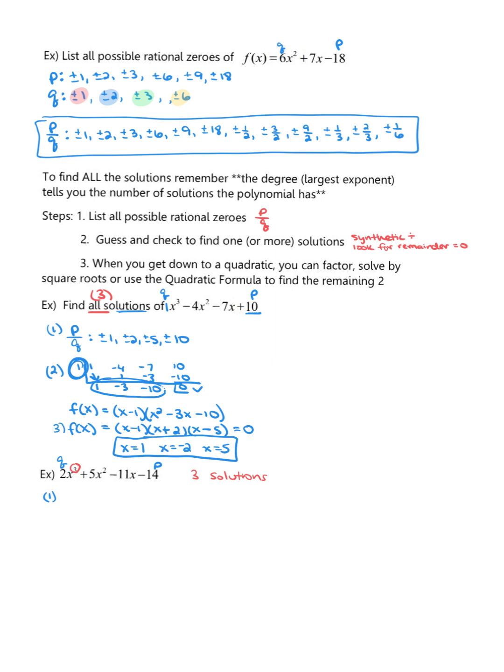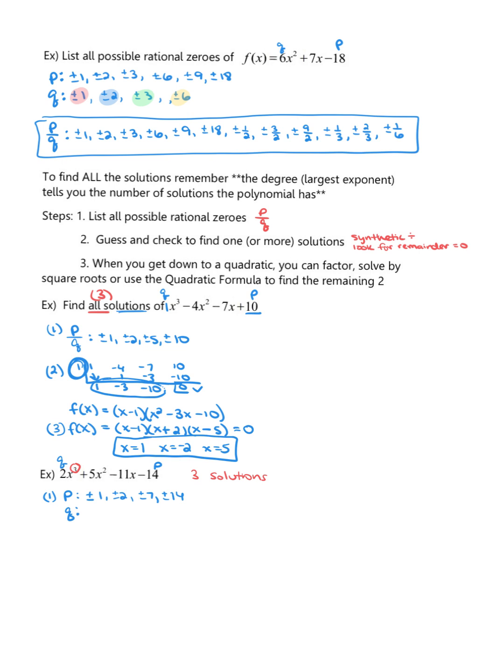This was step 3, factoring and solving. All right, so step 1 is to find our factors of P. So 14: 1 times 14, 2 times 7.